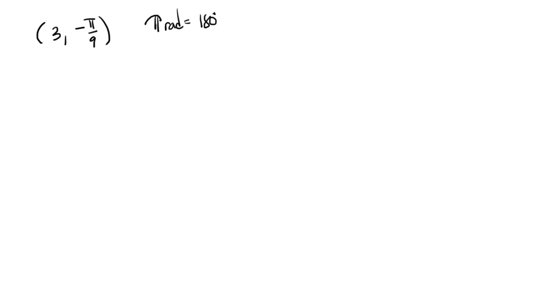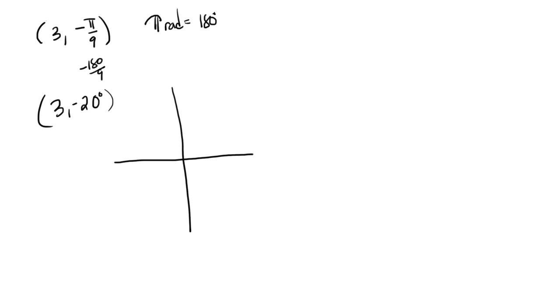So we get rid of this pi and get negative 180 over 9, which is (3, negative 20). When we graph negative 20, instead of going up, we go down, just like we used to graph. It would be negative 20 degrees and 3 units, whatever 3 units are. So this point would be (3, negative 20).